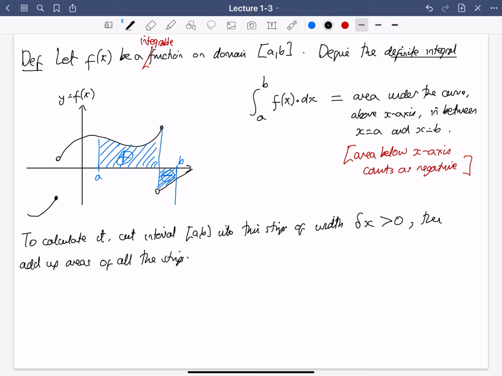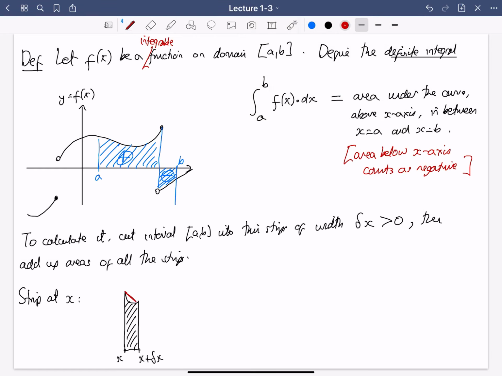But let me see. This might be the strip at x. So here's a little thin strip. The function might be just some curve there, and there's the x-axis, so this would be x, and this would be a little bit further along the x-axis, x plus delta x, and there's our little thin strip.